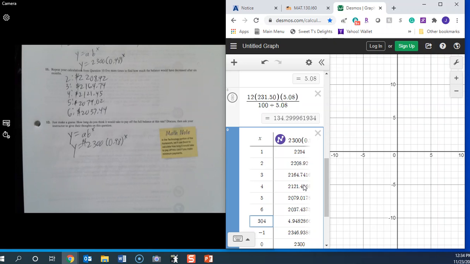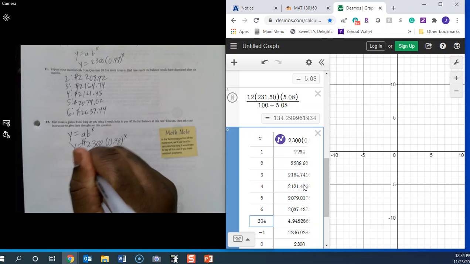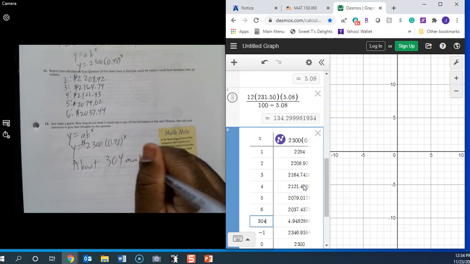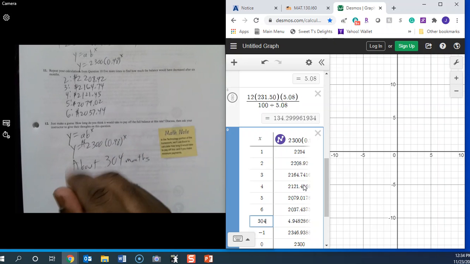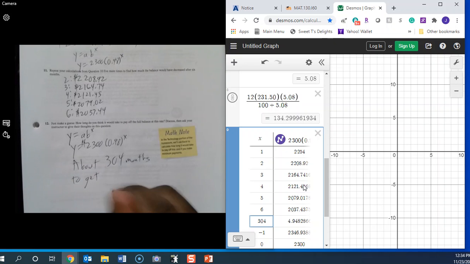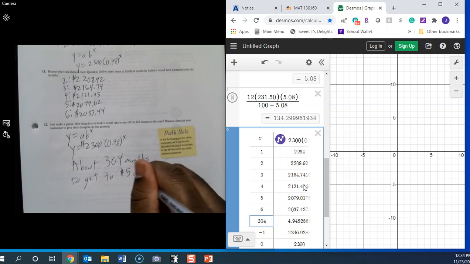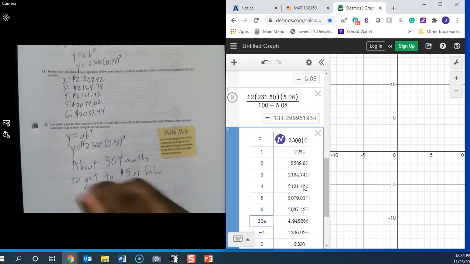So it'll be about 304. So we could say it's about 304 months to get to $5 or below and pay it off.